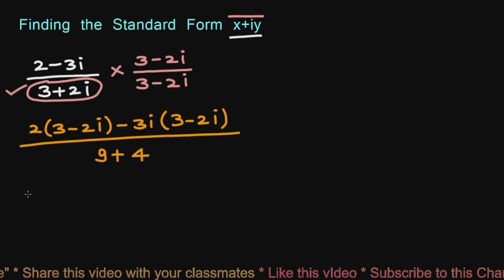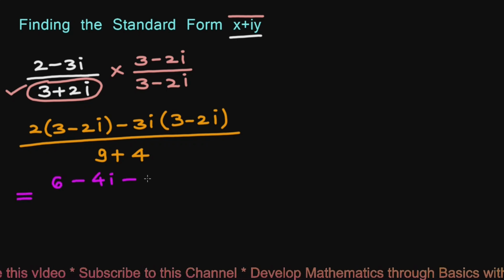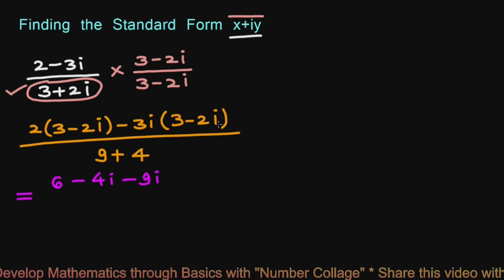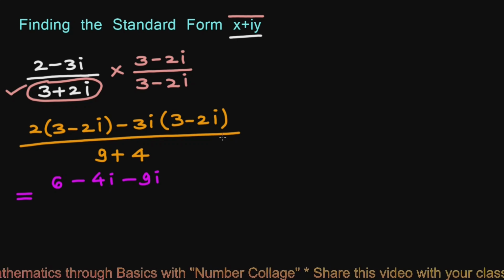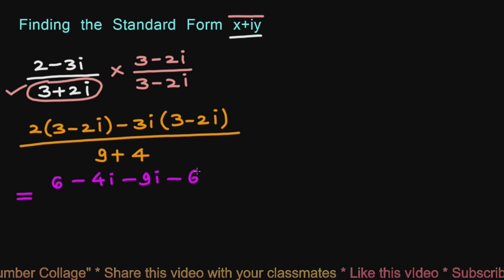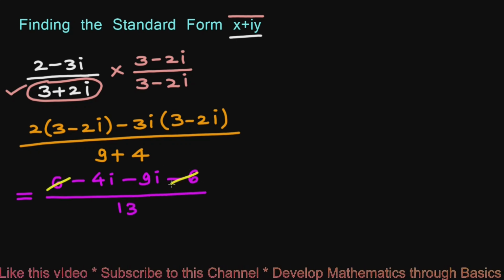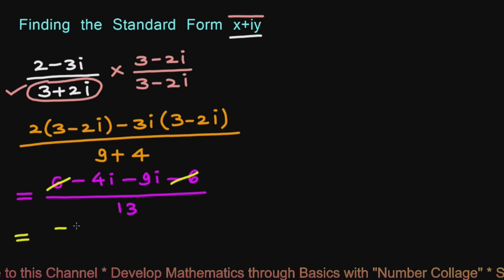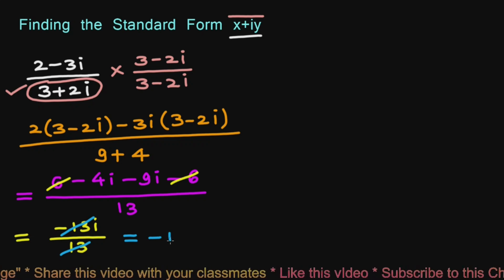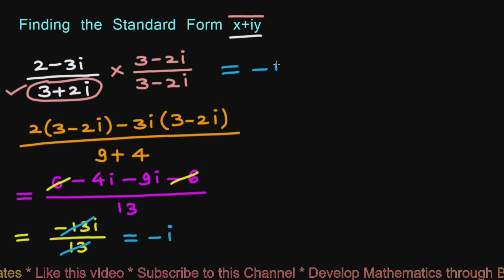So in the next step it will be 6 minus 4i minus 9i minus 3i multiplied by minus 2i. It will be plus 6i square, but since i square is minus 1, it will be minus 6, upon 13. Now 6 minus 6 will be 0, and we get minus 13i upon 13, that will be minus i. So the standard form of the given complex number will be minus i.